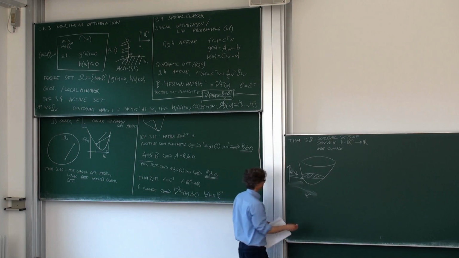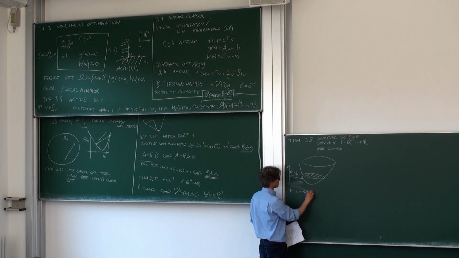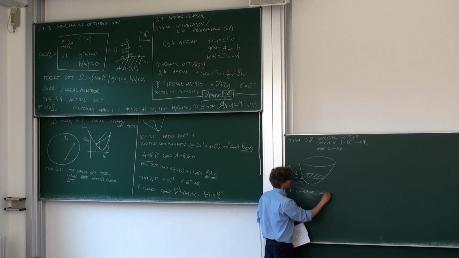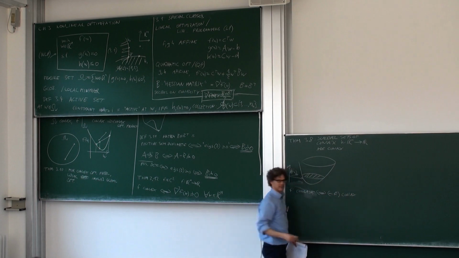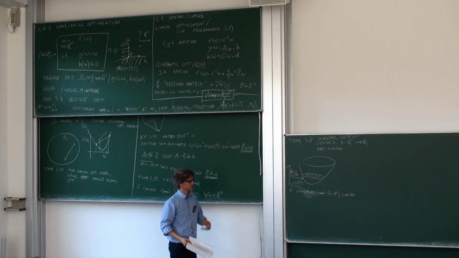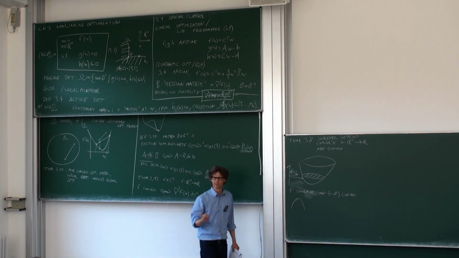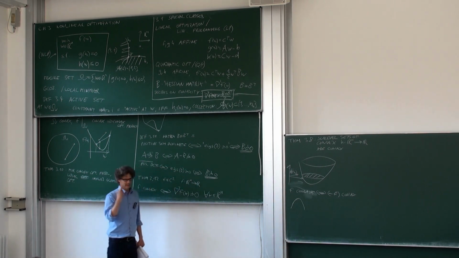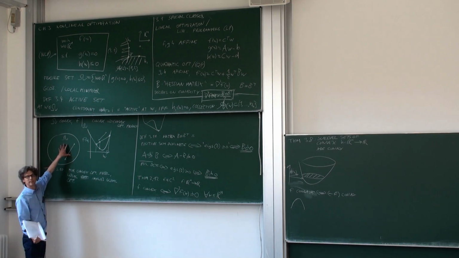So maybe I should also be sure that we have the language right. A function f is concave. You call a function concave if and only if minus f is a convex function. Sometimes it's useful to talk about concave functions. I mean, a concave function looks like this. It's easy. What is maybe less intuitive, or I should really point it out, there is no concave set.